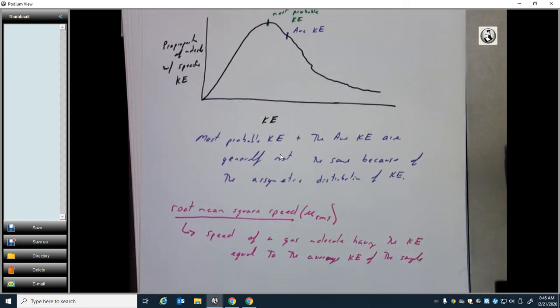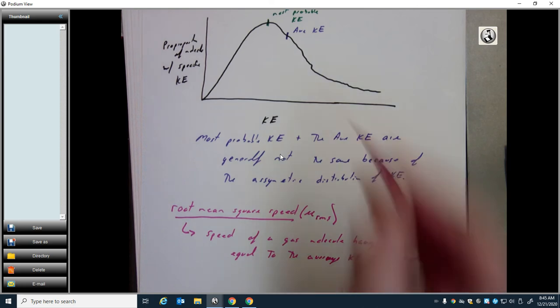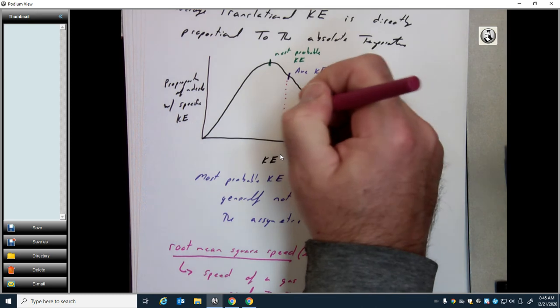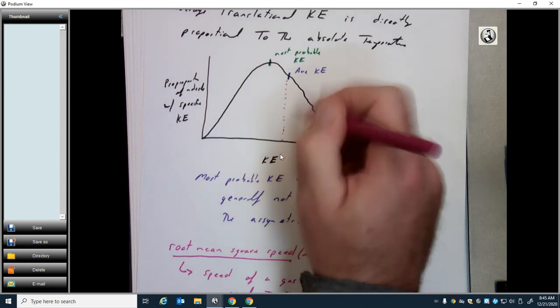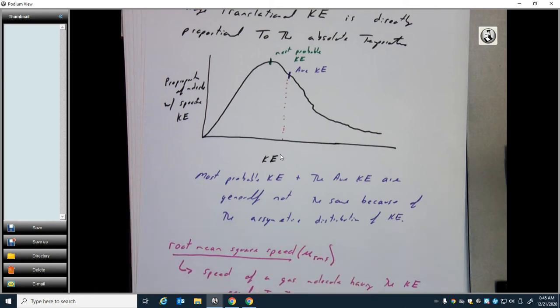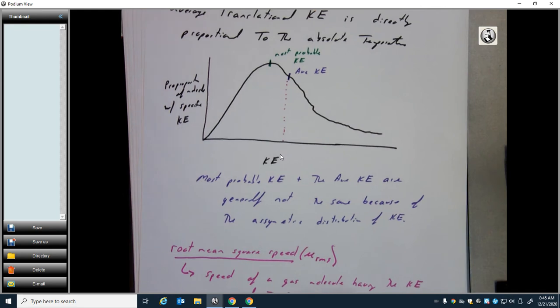Okay. So the root mean square is dealing with the kinetic energy of the particles right here at the average kinetic energy, but it's really just giving us the speed of the gas particles.